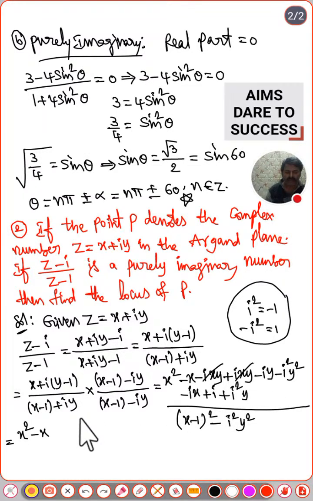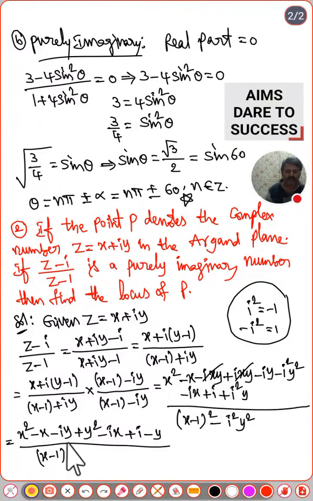Next minus iy, so minus iy. Next minus i square value plus 1, so plus y square. Next minus ix. Next plus i. Next i square value minus 1, so minus y. The whole divided by (x minus 1) whole square minus i square value, plus 1, so plus y square.